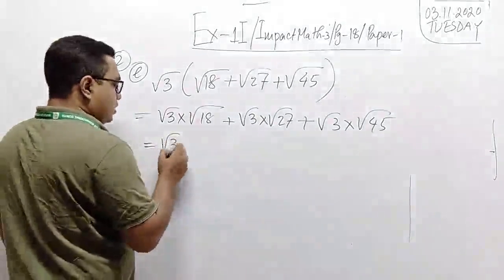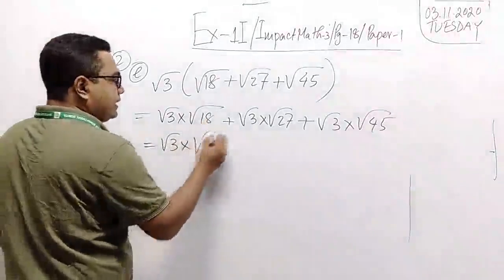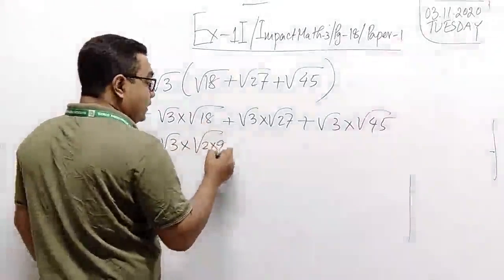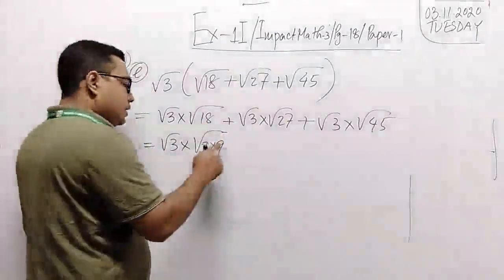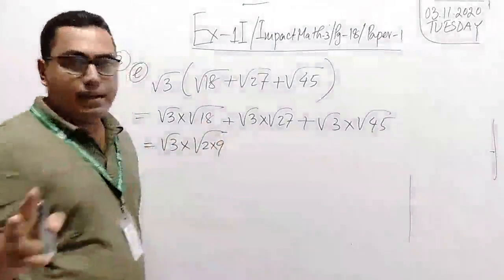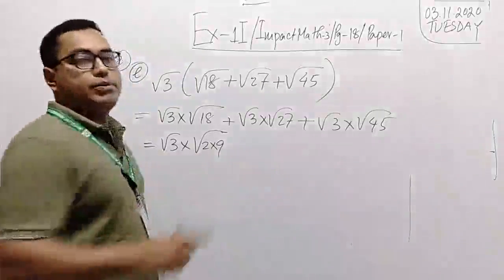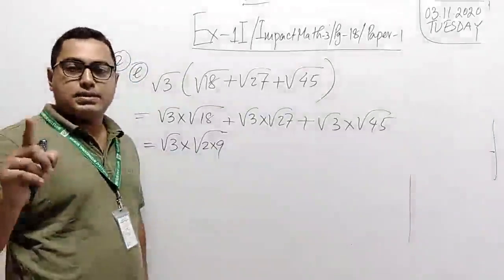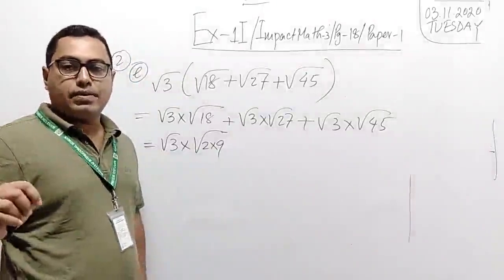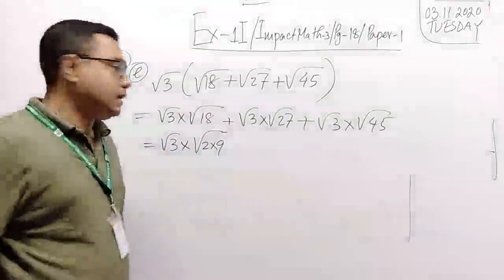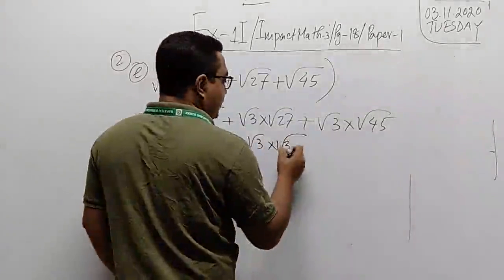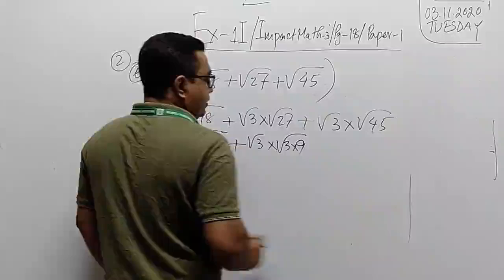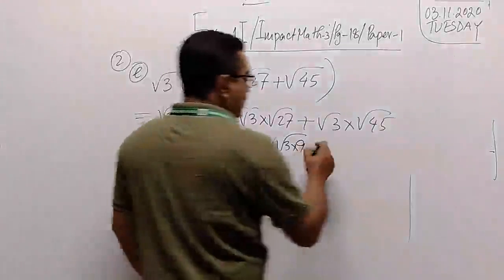Now, 18 can be written as 2 into 9. Why are we taking this 2 into 9? Because the square root of 9 is 3. And here the square root of 2 is in our third form. So we got it. Then square root of 3 into 9. 3 into 9, 27.